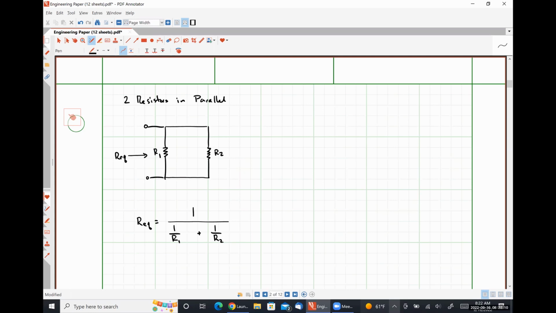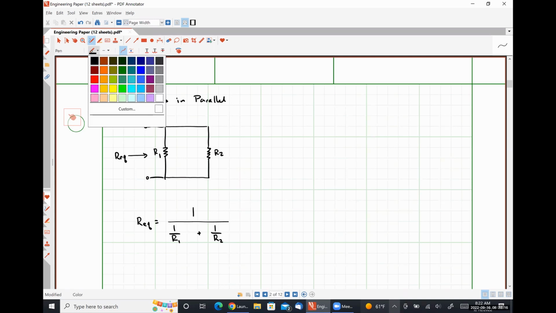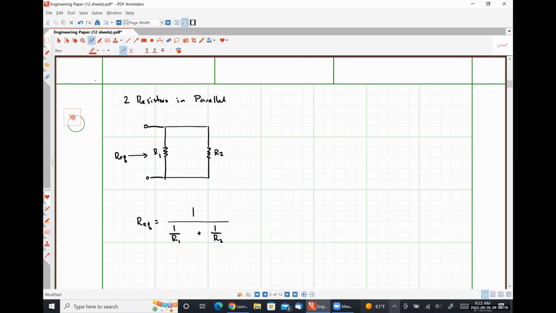That's annoying to do. So what I'm going to do now is multiply that first fraction by R2 over R2, and the second fraction by R1 over R1. So I'm just using a fancy formulation of the number 1 in each case.